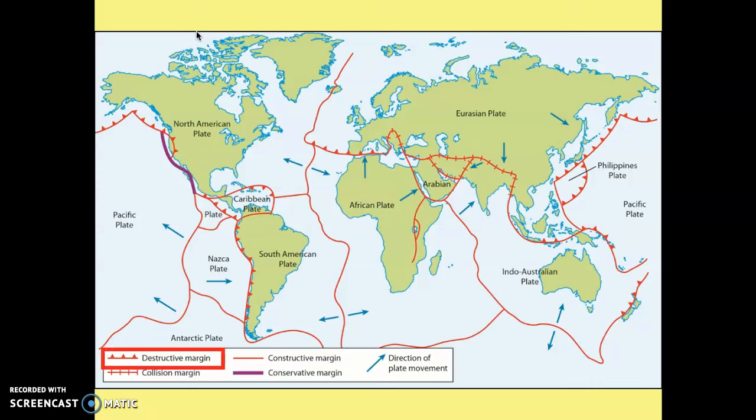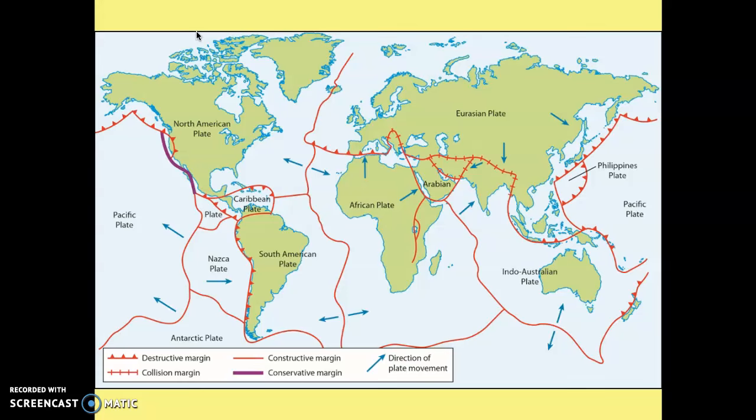At destructive plate margins, which are the lines that have got the red triangles on them, plates are moving towards each other, and one plate will be pushed under the other plate, melting as it gets forced into the hot mantle which is underneath the crust. You'll come back and study this in more detail in our next lesson.